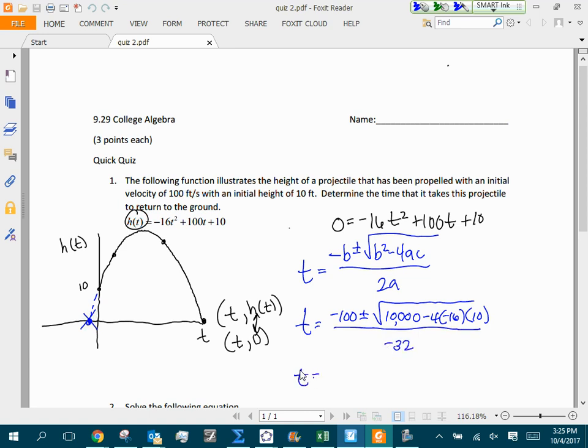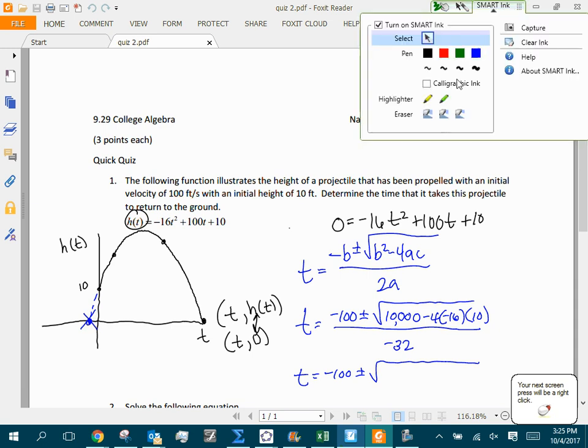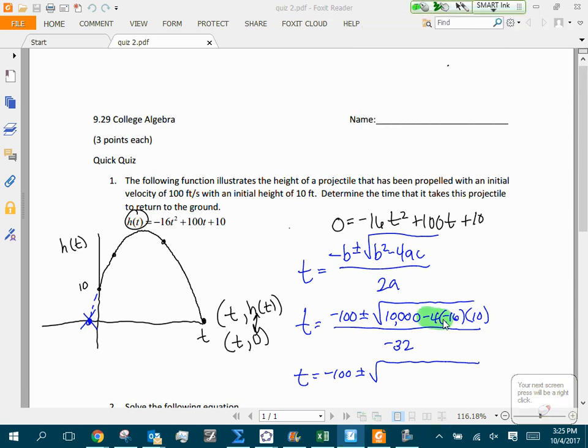Okay, now what has been frustrating is that some of us are doing this calculation right here incorrectly. I'm going to get a highlighter real quick. A negative times a negative is a positive.